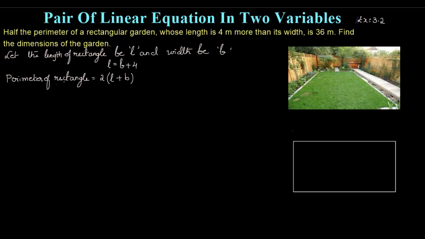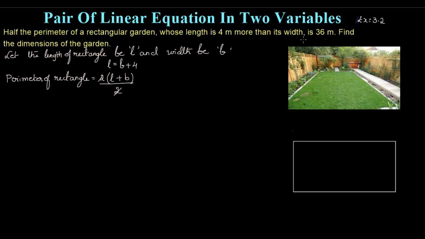Now we know the perimeter of the rectangle, and one more thing, they have said half the perimeter. So if it is half the perimeter, you need to divide it by 2, right? Or you can write 1 by 2 into this, or just divide by 2. So 2 and 2 will get cancelled, and what are you remaining with?